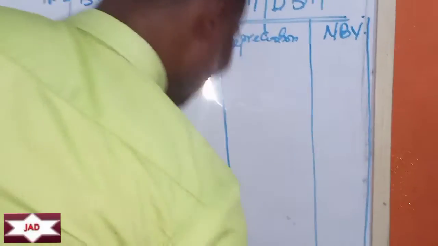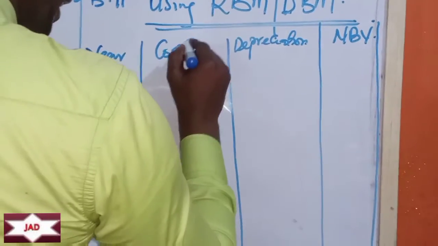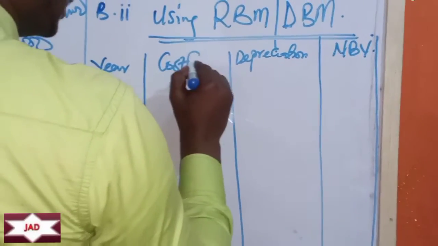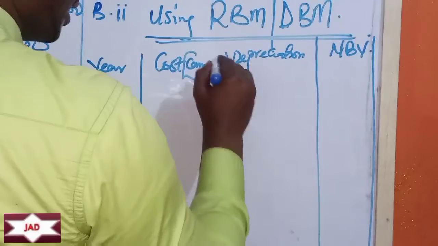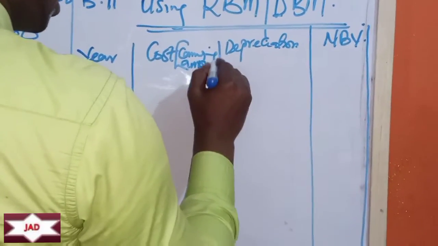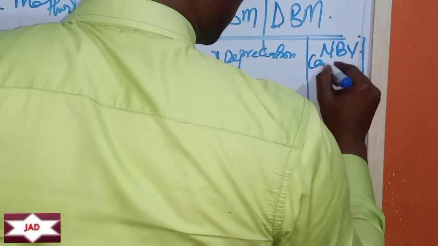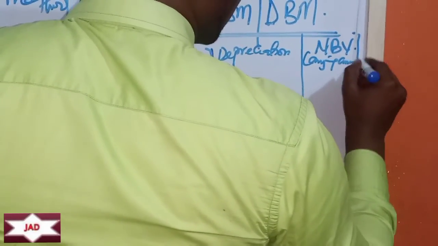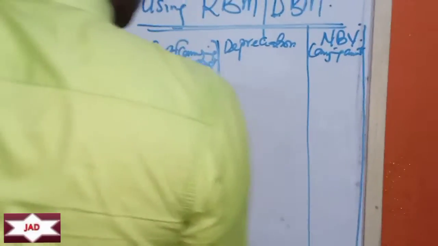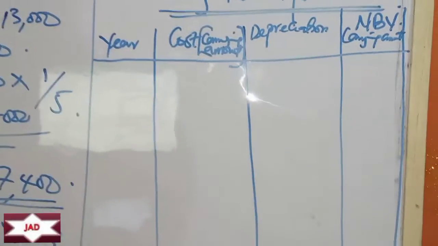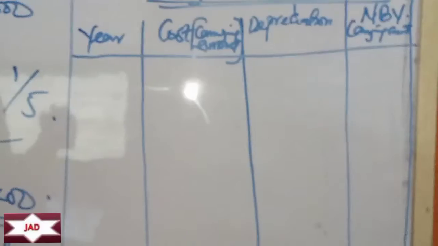Now understand that the cost here can also represent the carrying amount. When we say carrying amount, we are talking about the value that the asset is carrying as at a particular period of time.